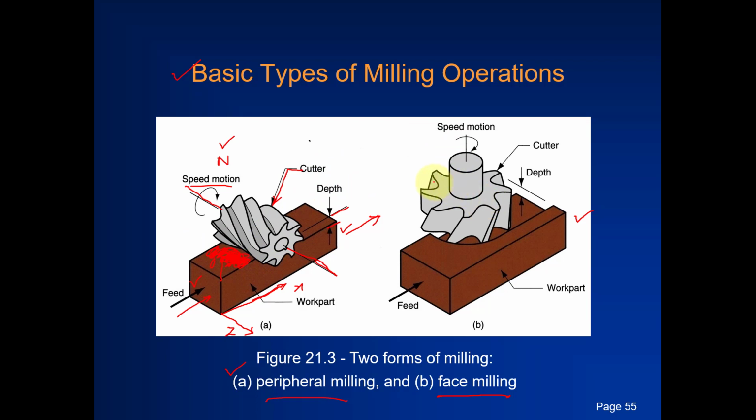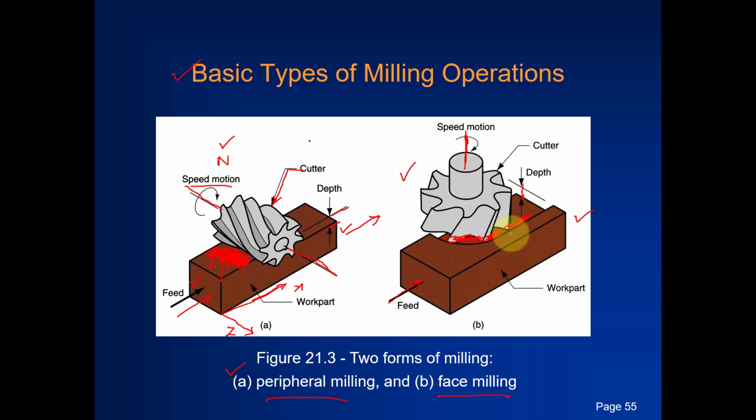While this figure is the example of face milling. This is the same workpiece. The feed direction is in this direction. This is the depth. This is the cutter. This is the rotational speed. Now you can see that the axis of rotation of the cutter is in the y direction, and that is perpendicular to this surface.